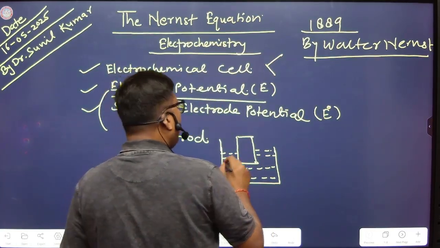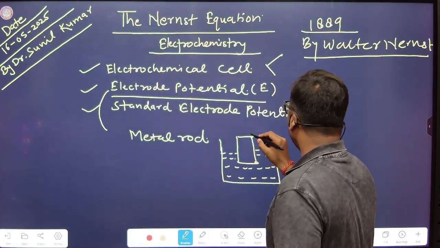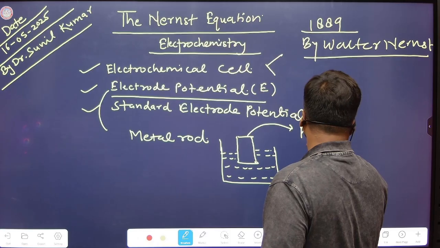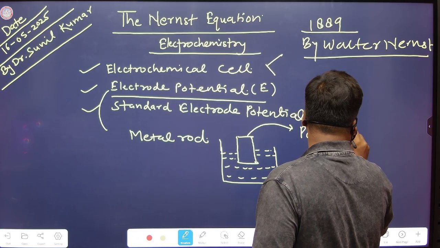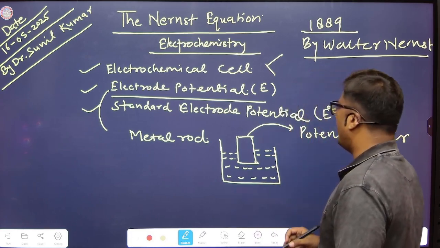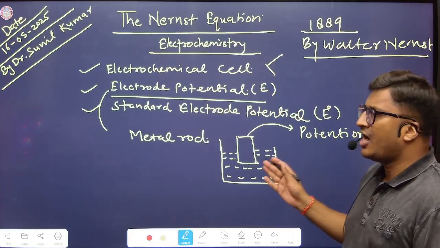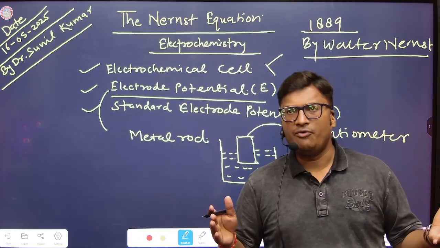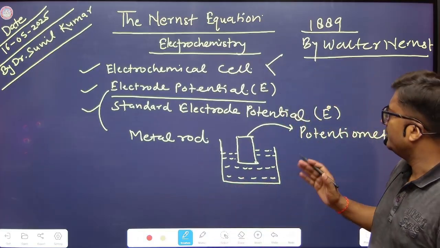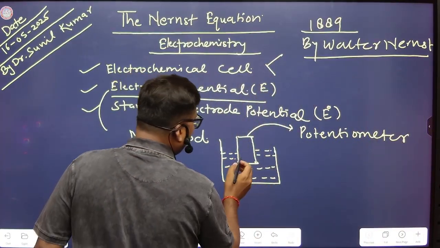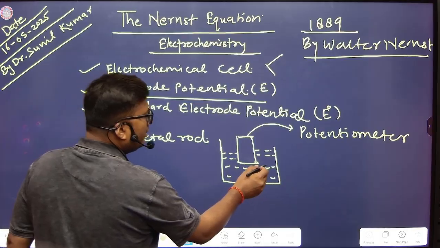and when this metal rod is connected with a potentiometer, right? What happens when a metal rod is dipped into the solution of its salt is that an interface is generated between the metal rod and the electrolyte.